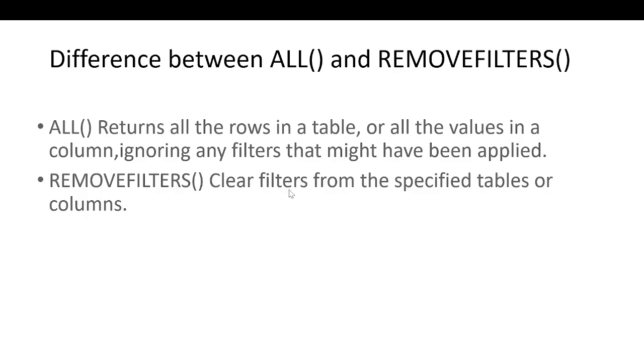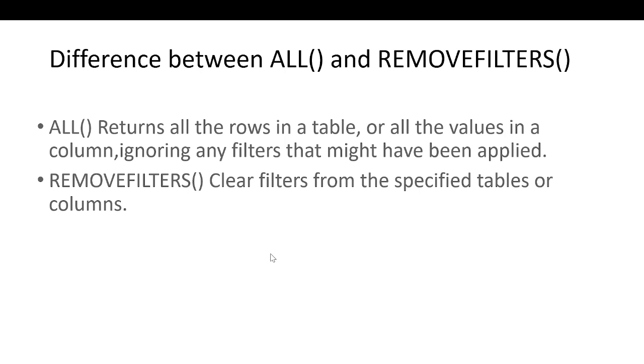Whereas REMOVEFILTERS clears all the filters. That means REMOVEFILTERS will ignore all the filters. So what is ALL doing? ALL is ignoring all the filters, or removing all the filters, or clearing all the filters, and it is returning rows in a table or values in a column.